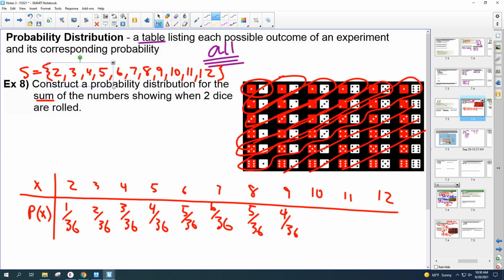And there are 3 that could add up to 10. 2 that could add up to 11. And 1 that could add up to 12. That's a probability distribution. Can you tell which outcome is most likely to happen? 7 is the one that's most likely to happen. But a probability distribution, it's everything that could happen in this problem.